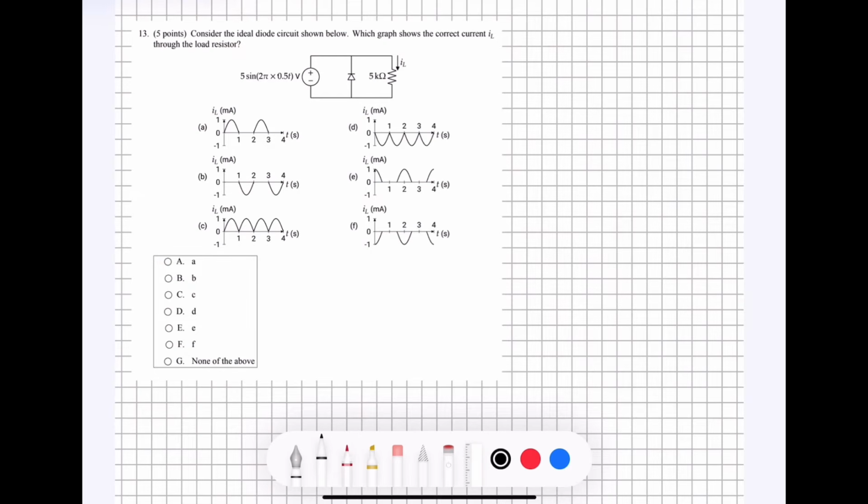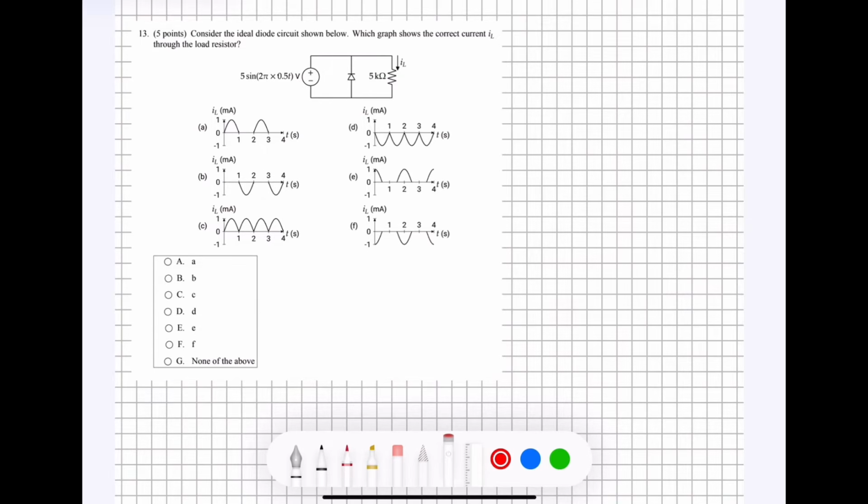Question number 13 says, consider the ideal diode circuit shown below. Which graph shows the correct current IL through the load resistor? All right, so what we know about diodes is that they only flow in one direction. So there's going to be two states for this circuit: the diode on state and the diode off state.